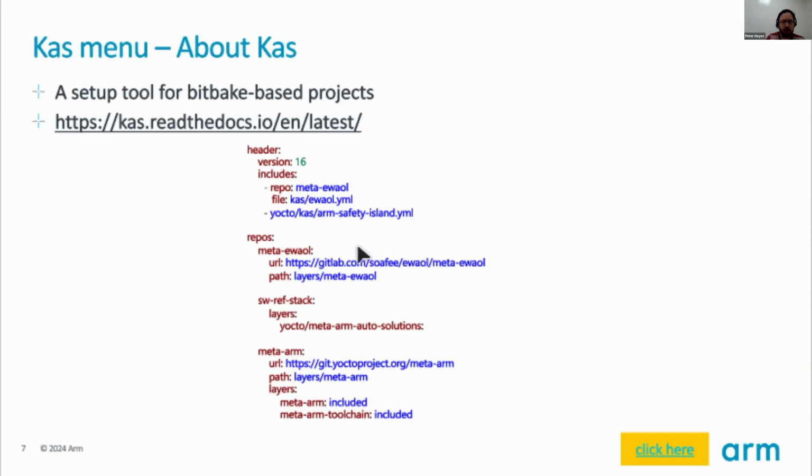It downloads a layer called eWall, which provides our Yocto distribution, defines a local Yocto layer, and also adds meta-arm as a dependency, which contains all the recipes for most of the ARM firmware components. We also use CAS on CI to validate all our use cases automatically.